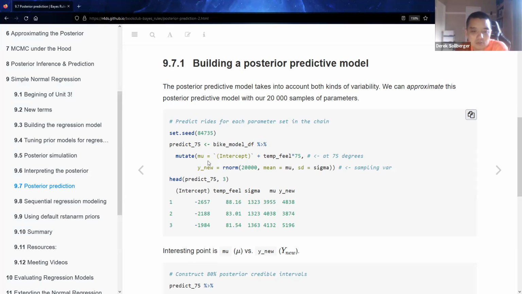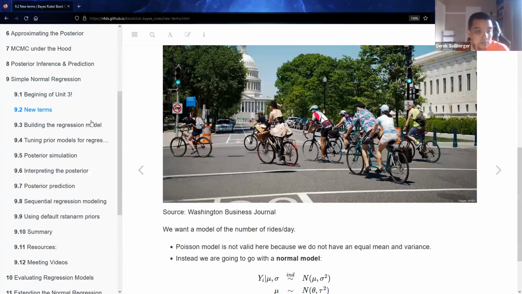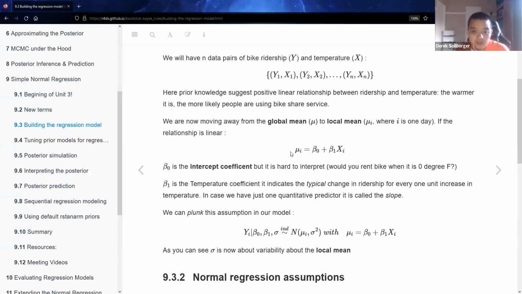We can now use our linear relationship, beta naught plus beta 1 x, to get the individual estimates for mu. Remember that this was called mu sub i earlier.